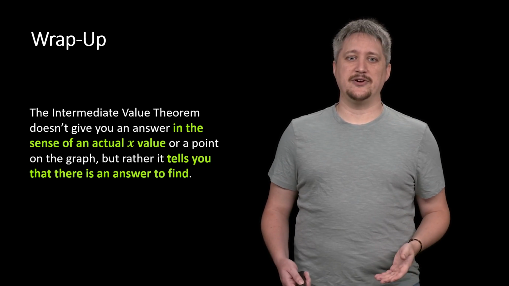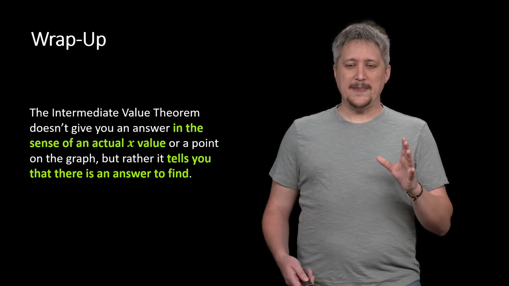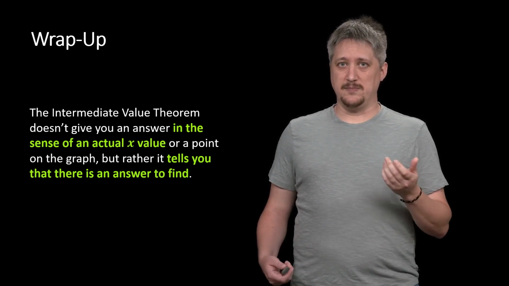So in general, what did we learn? We talked about the intermediate value theorem. The intermediate value theorem is one of the first examples of a theorem that is an existence theorem. It tells us that it hits a point, but not necessarily what the point is. In other words, it doesn't give you an answer in the sense of an actual x value or some point.